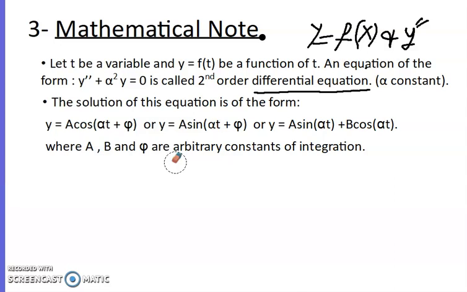Is that true? Say you have y triple prime, you will have three constants. Now because we have here y double prime means we have two constants, two derivatives, sorry, we must obtain two arbitrary constants, A and phi or B and phi, okay?